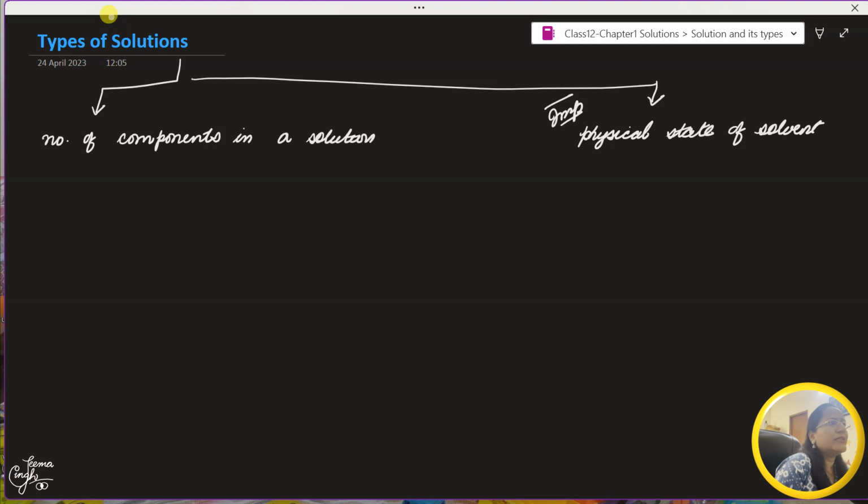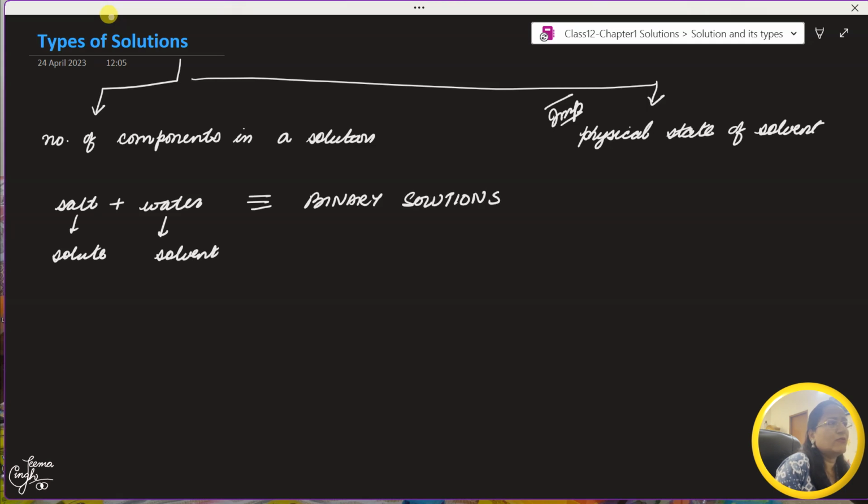Number of components in a solution. What does that mean? You took an example of salt plus water. Can I say you have to have a minimum of 2 components to make a solution, right? If you have 2 components, one solute and one solvent, you call such solutions binary solutions. Binary means 2.